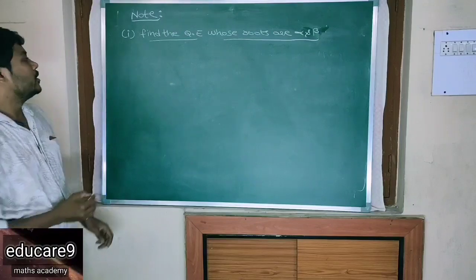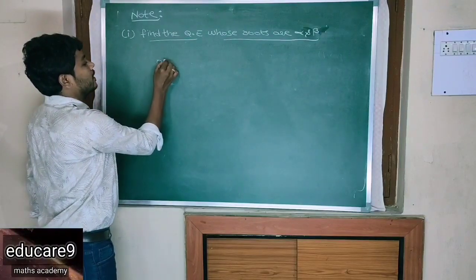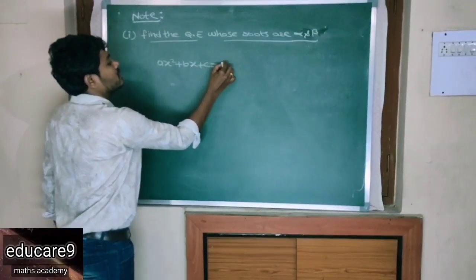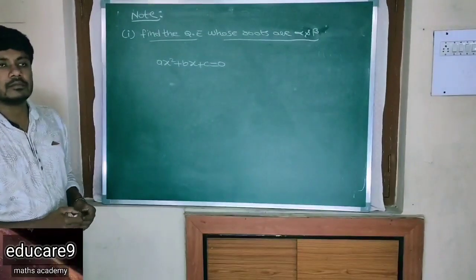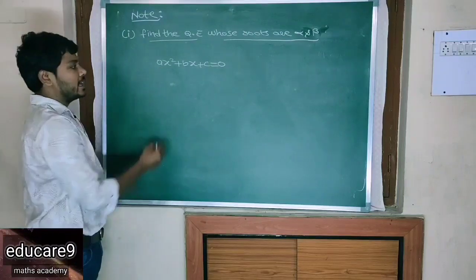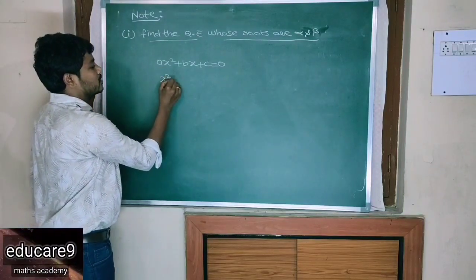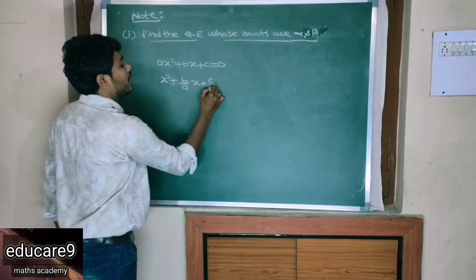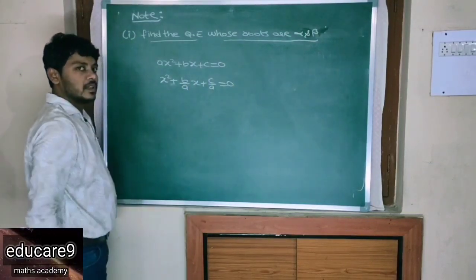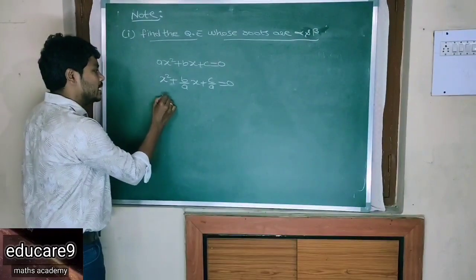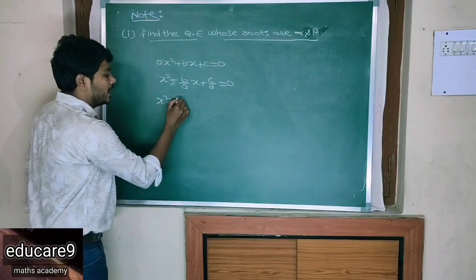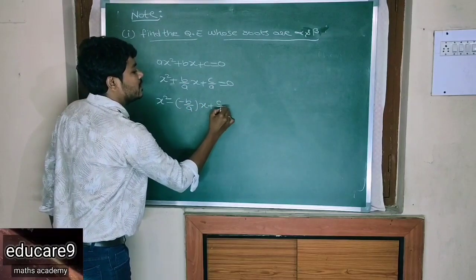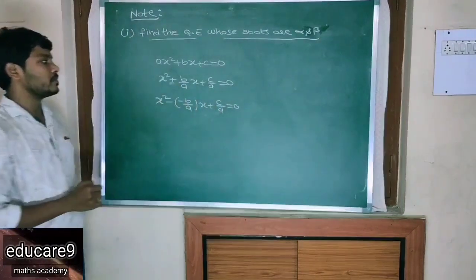So here you know that ax square plus bx plus c is the quadratic equation. Now this can be written as x square plus b by a x plus c by a is equal to 0, and also written as x square minus of minus b by a x plus c by a is equal to 0.